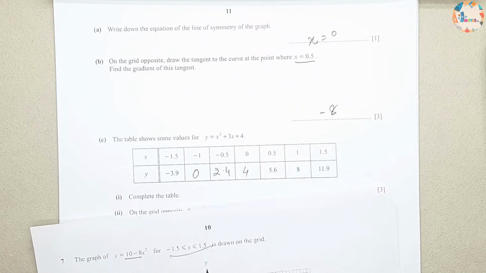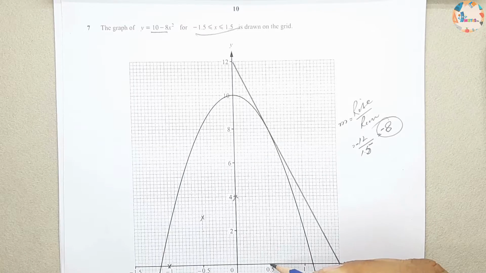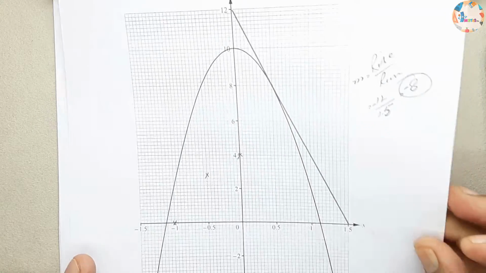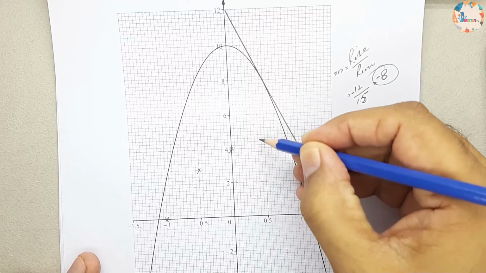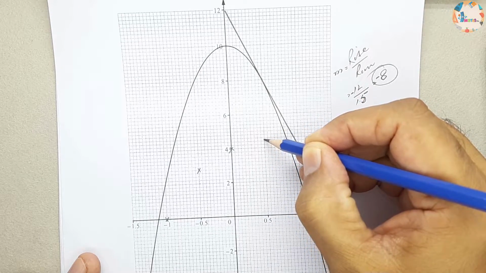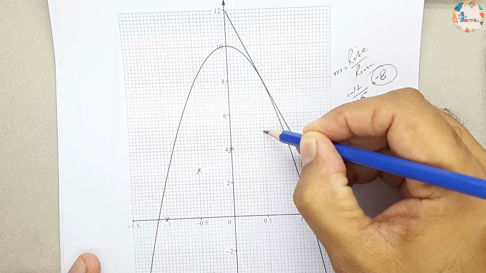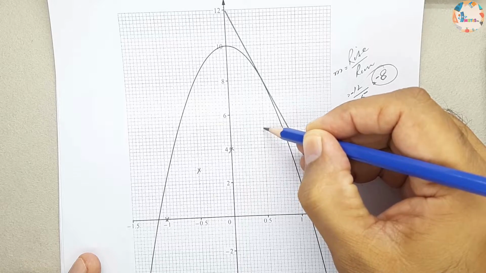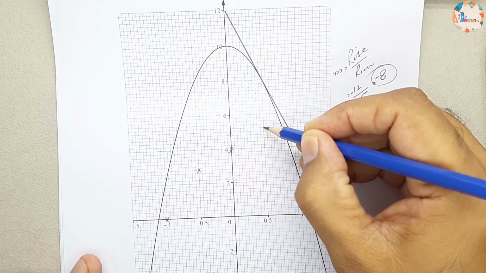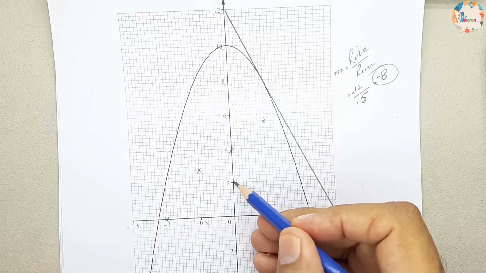Then comes the next value, 0.5 and 5.6, so 1, 2, 3, 4, 5, and 5.6 will be basically this value, I think so.